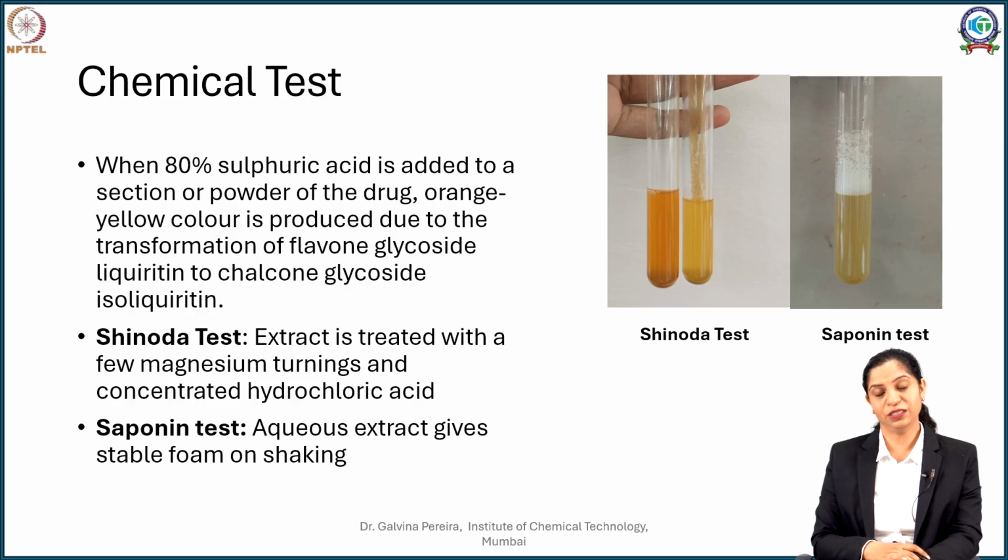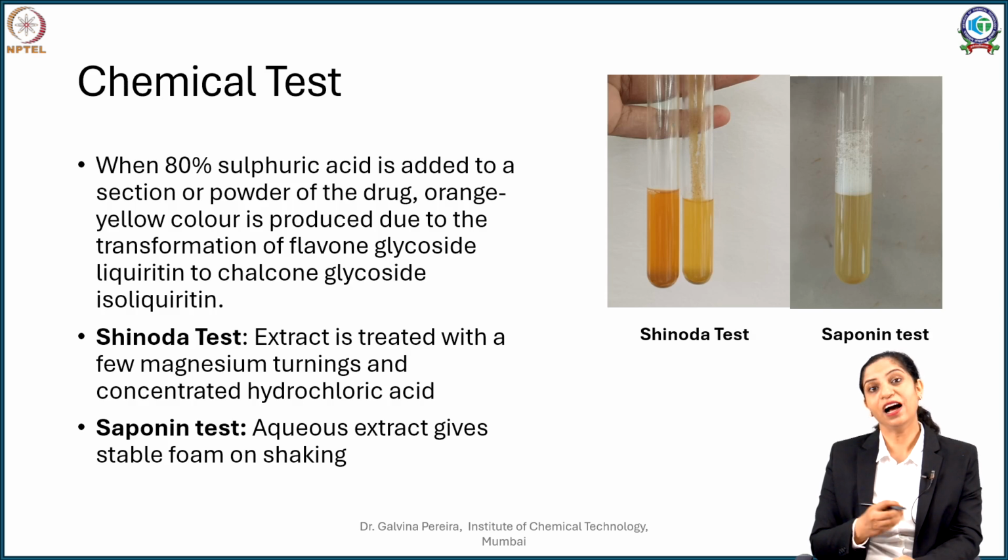The second one is because it contains flavonoids. More than 20-30 flavonoids have been reported in this plant, and some papers cite more than 50 flavonoid derivatives being reported. So this is what the Shinoda test is all about.